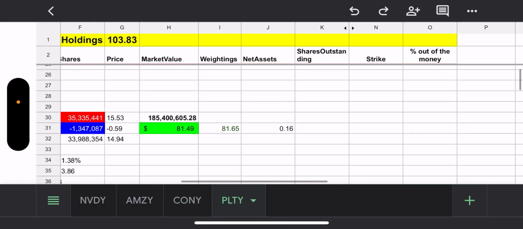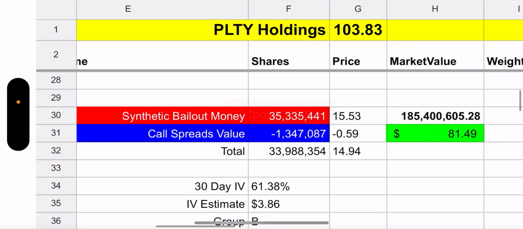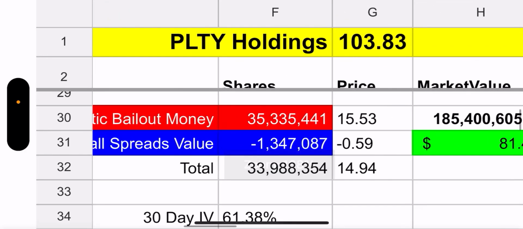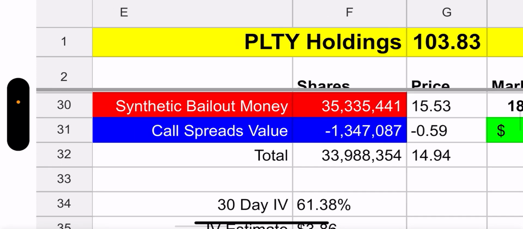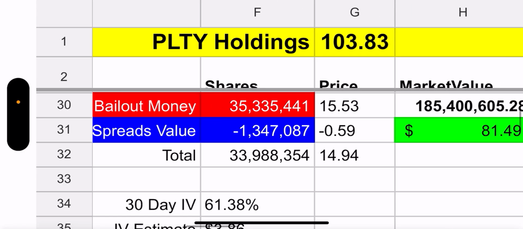That's a tough spot. Yo, guys, check this out. Synthetic money, 35.3 mil. How much per share? Oh my God, $15.53. If they cash this out, this is sick. This would be an income of $15.53 per share. Do you believe that?